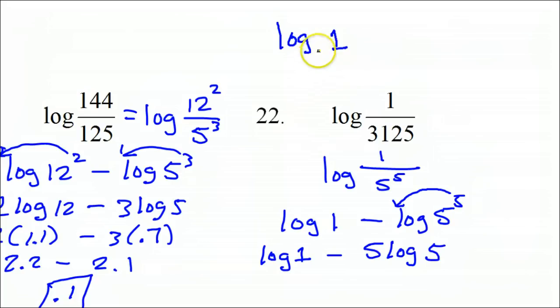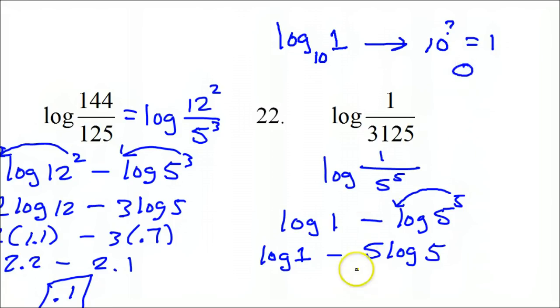Can you look at this and evaluate it? 10 to the what power will give you 1? 0. Because anything to the 0 power is 1. So log 1 is just 0.